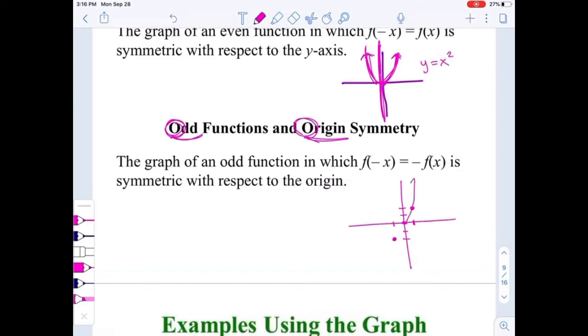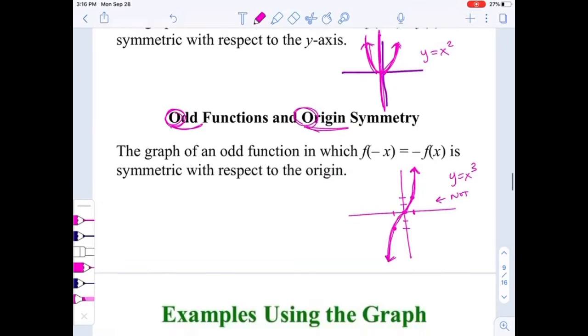This one wouldn't be exact, but if you were to think of something like y equals x to the third, that's not what that graph is, because that would have gone through 1, 1 and negative 1, negative 1. But if you had something like a third power graph, whatever it's doing on the right-hand side of that origin, it's kind of doing the reverse or flipped on the left-hand side of that.